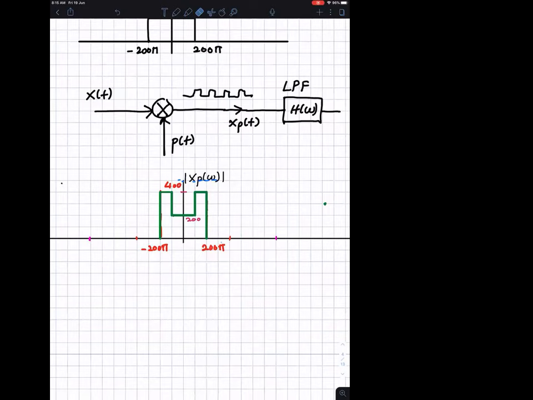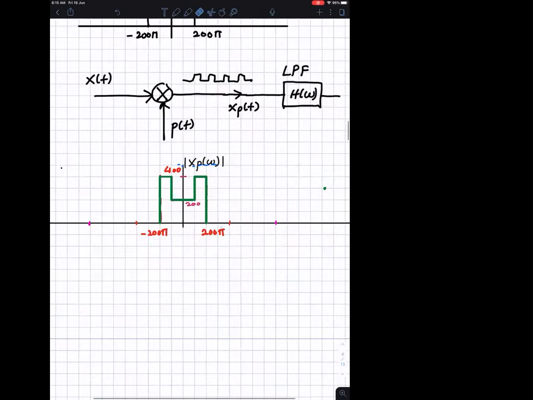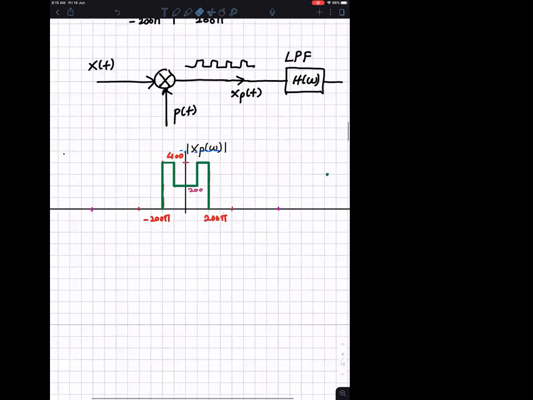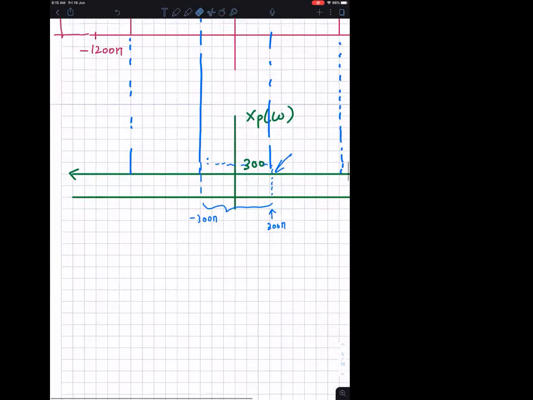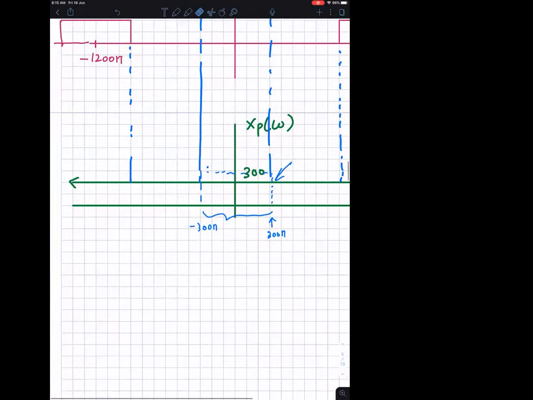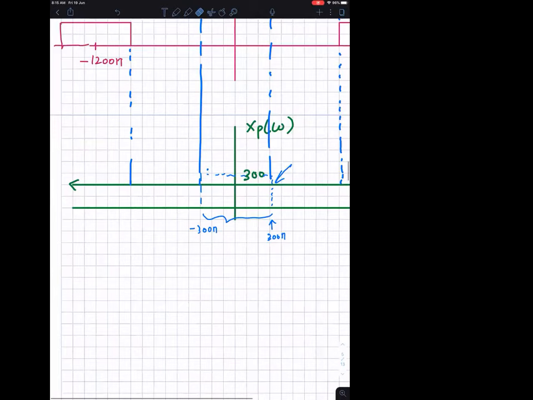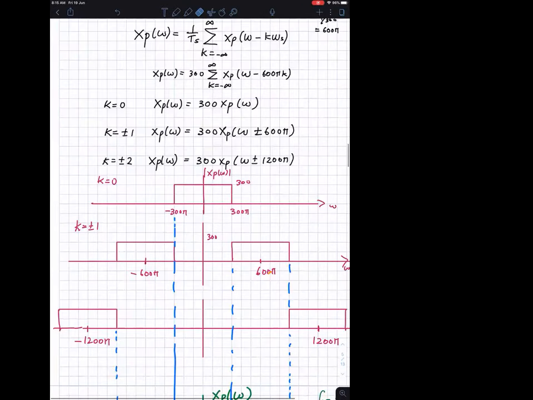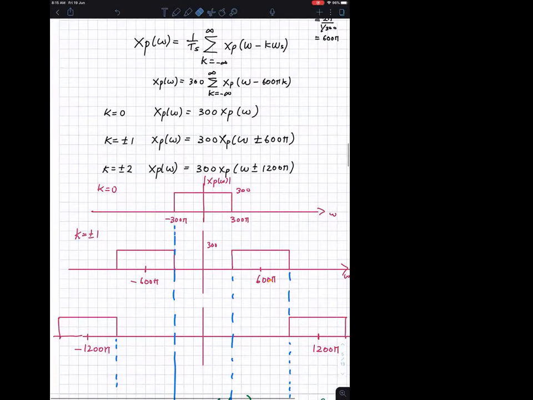Okay, then in that case, we'll move on to the next case and do the same filtering again. This is when the sampling frequency was 300 hertz, which is omega s of 600 pi radians per second.